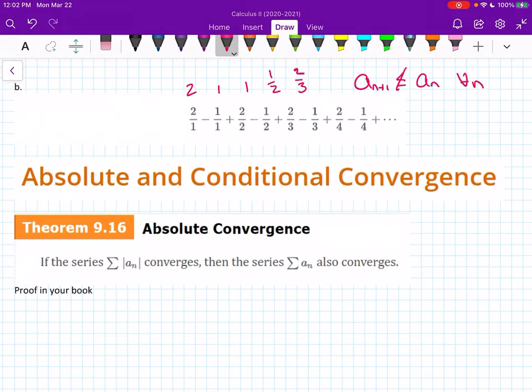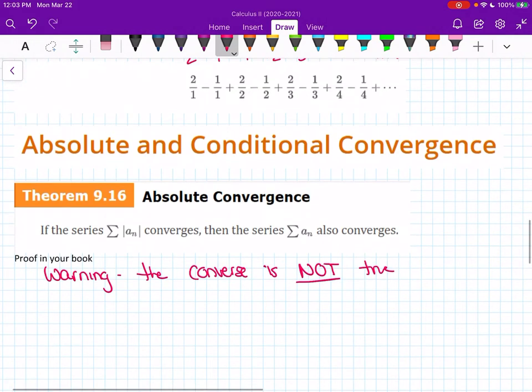A theorem says if the series of the absolute value of the terms converges, then the series also converges. One example where the converse doesn't work, so this is a warning: the converse is not true.